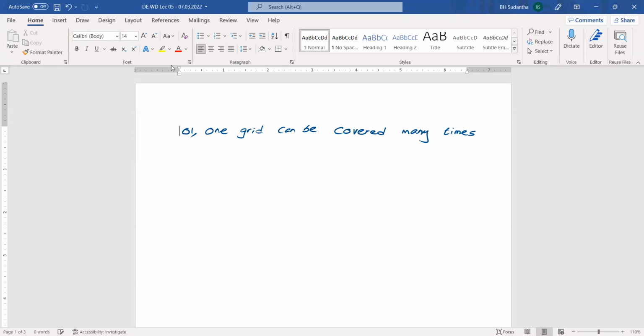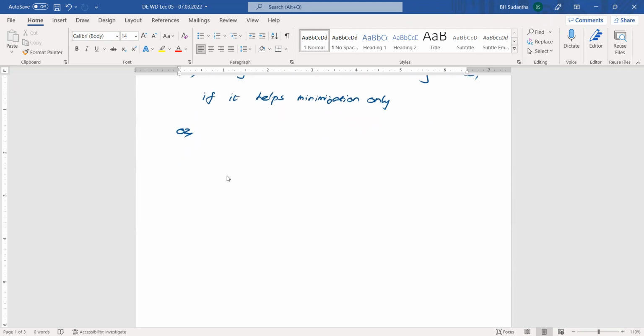But remember, you can do this only if it helps minimization. Second point, if you want, you can connect edges also.